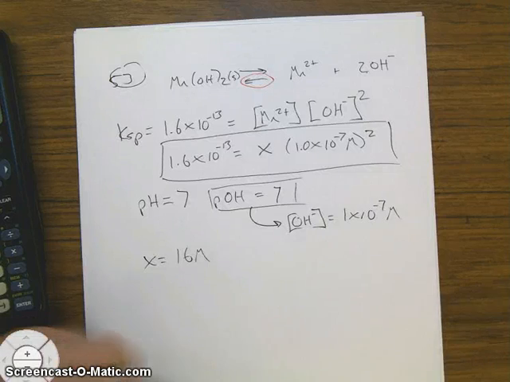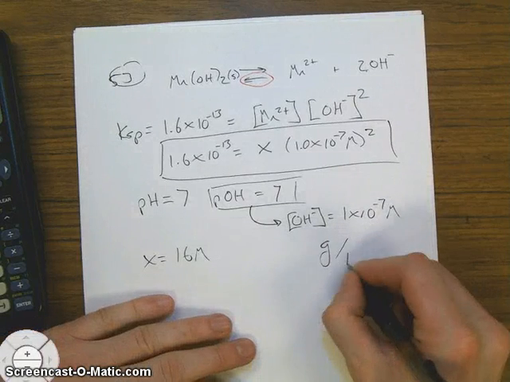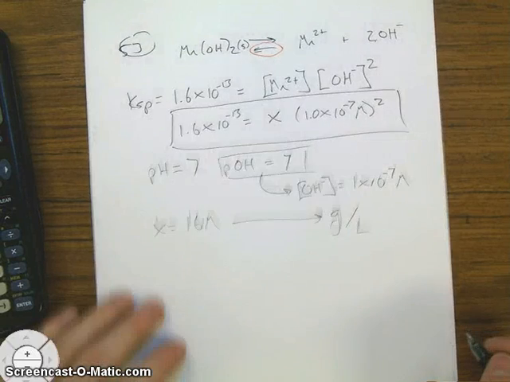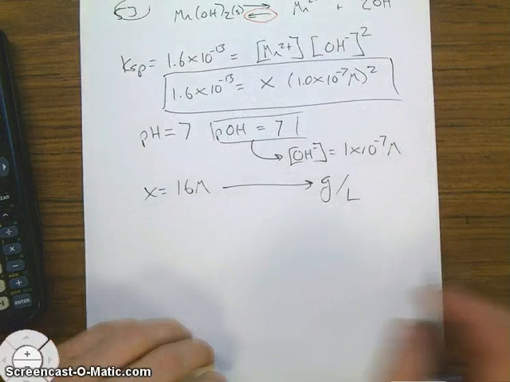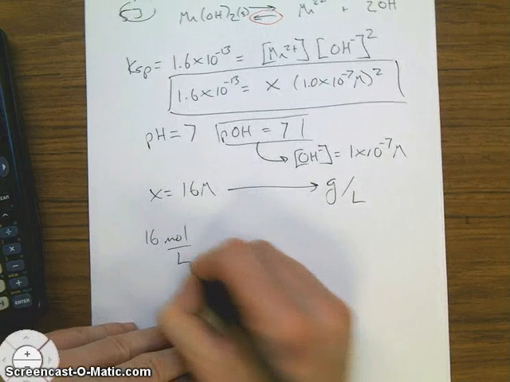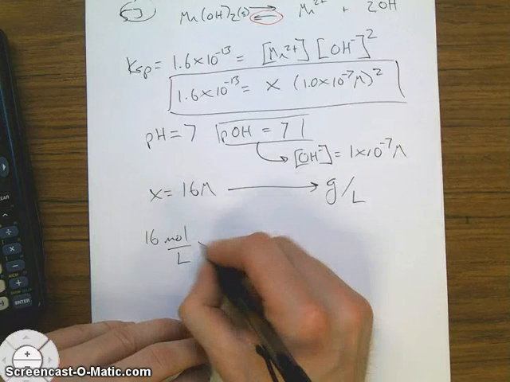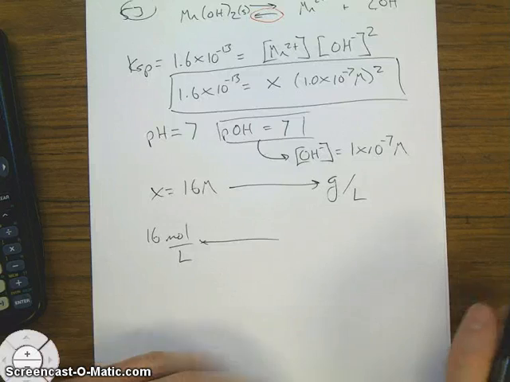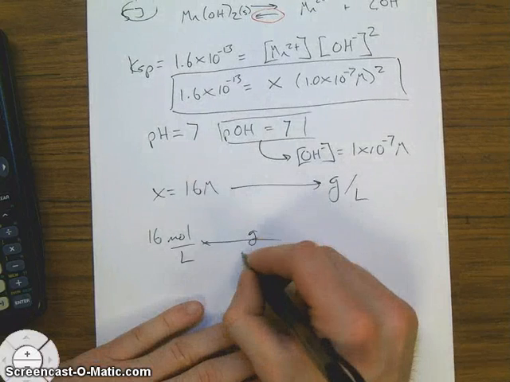But the question, remember in the very beginning, was asking for grams per liter, not molarity. So you're going to have to convert your molarity into grams per liter. The way that I like to do it is I take 16 moles per liter, and then I'm going to have to change the moles to grams. So I multiply it by a conversion factor, where I have grams on top, moles on bottom.